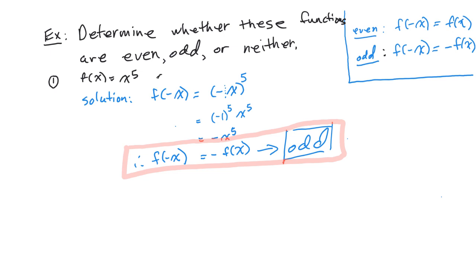So let's try another one. Now that we have h(x) is equal to x minus x squared, let's go and solve it. Every time we solve, we start by substituting h(-x) in this case.